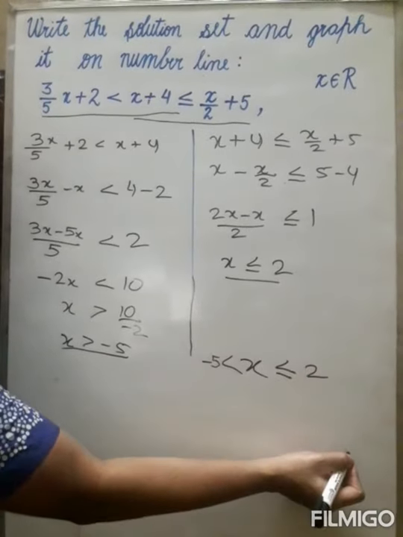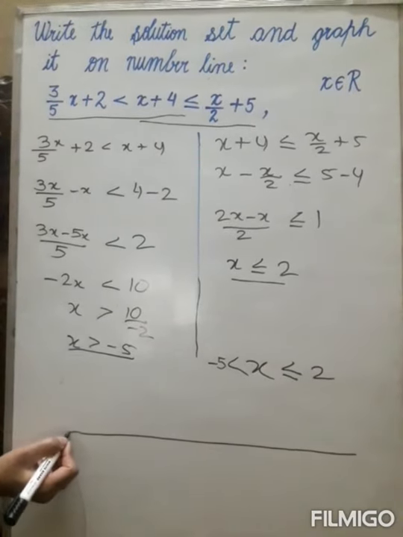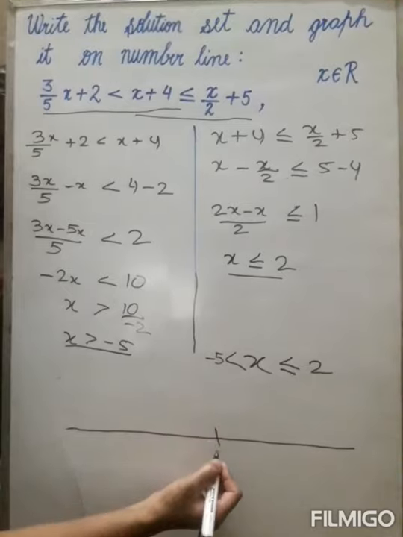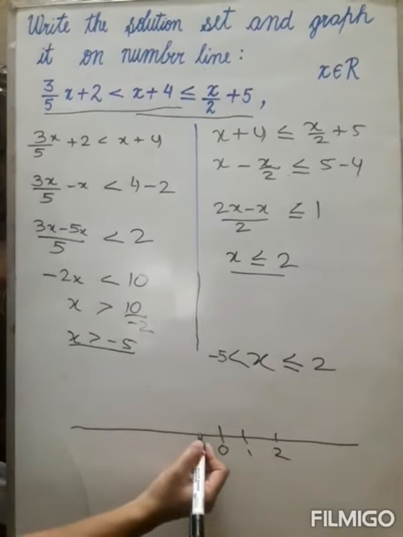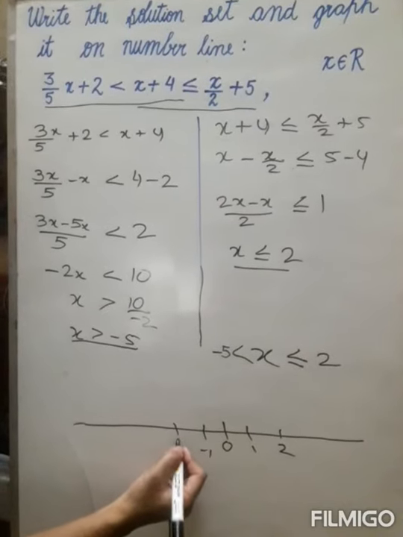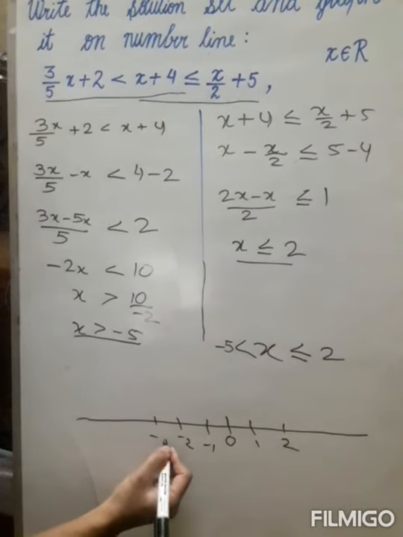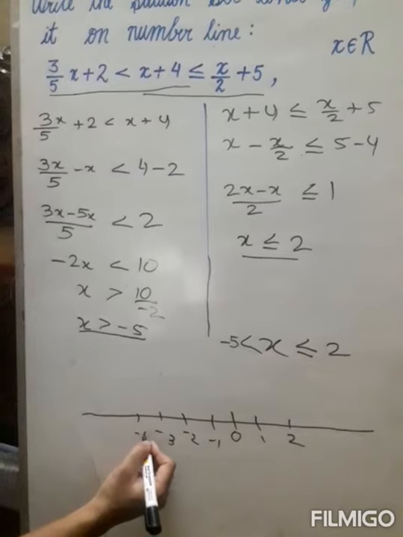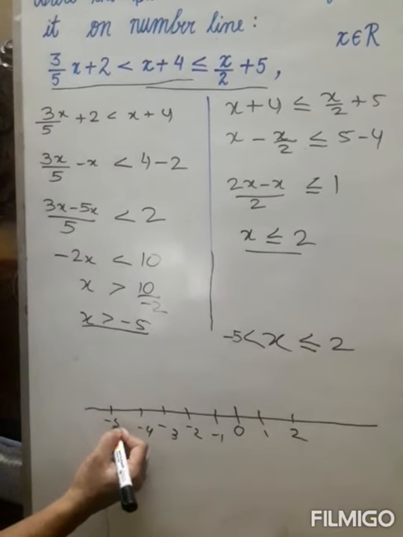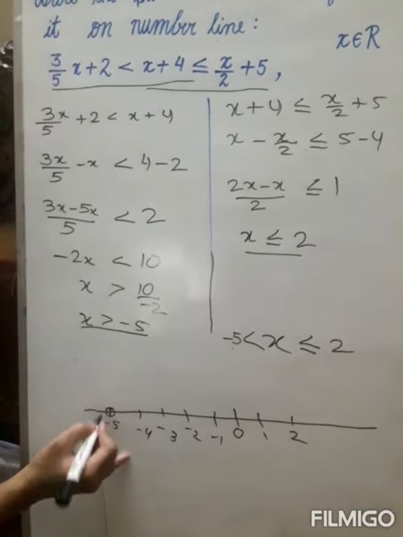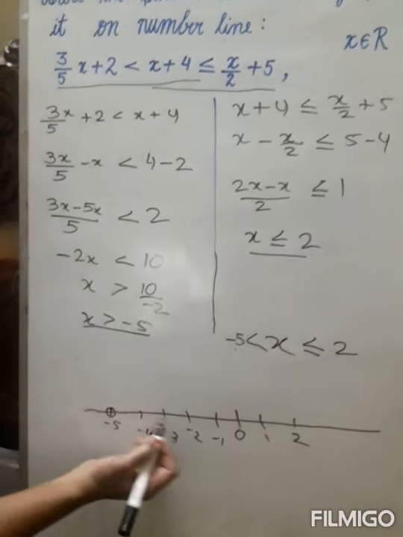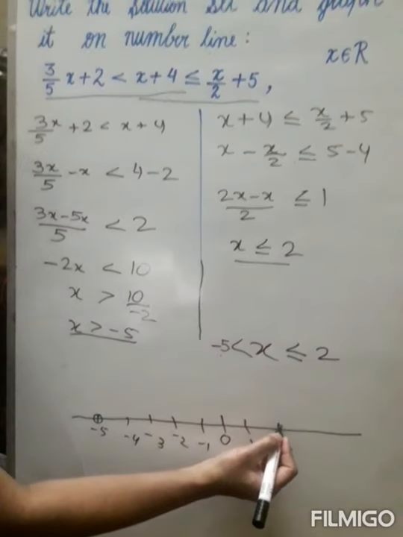Now we need to graph it on number line. So first we are going to draw the number line. Here we will have 0, 1, 2, and here we will have minus 1, minus 2, minus 3, minus 4 and minus 5. Now on minus 5 we are going to make a circle. Then on 2 also we will make a circle.